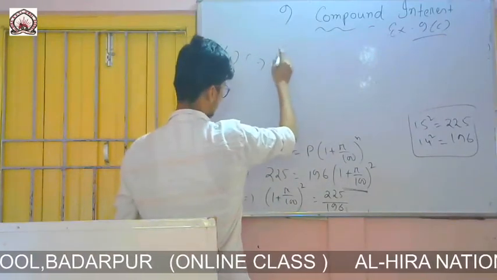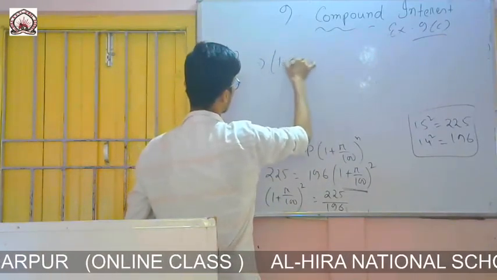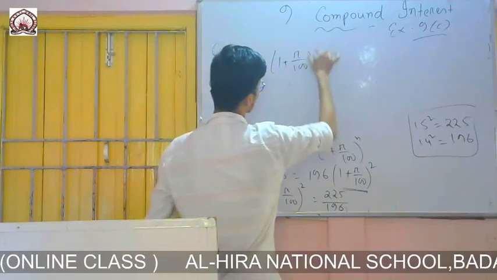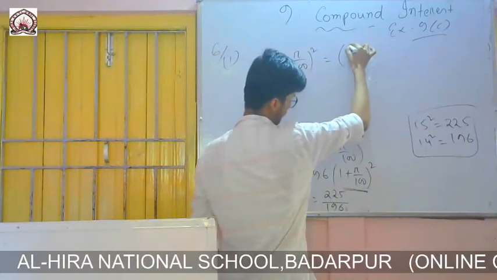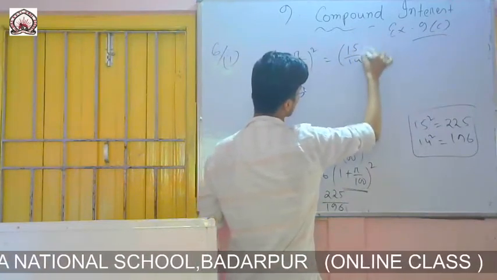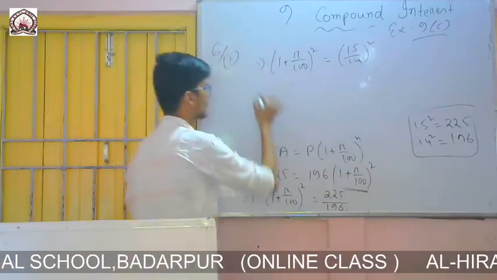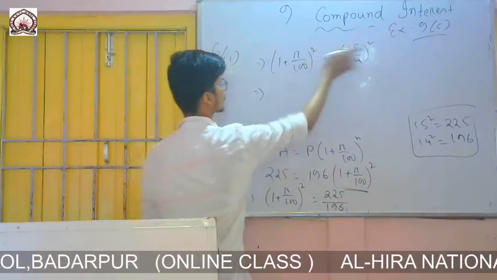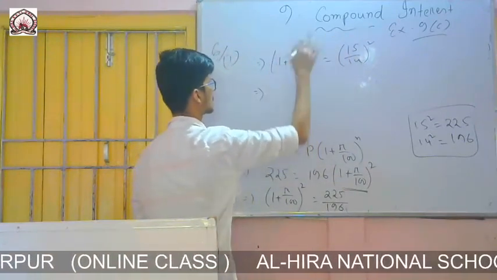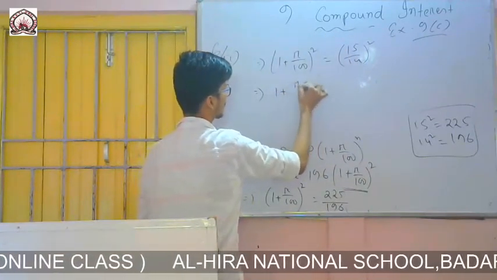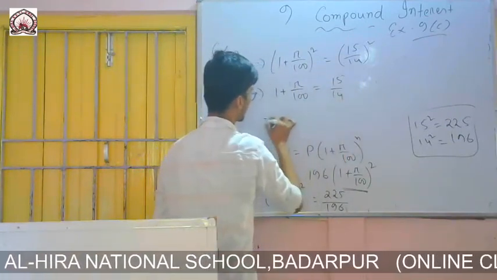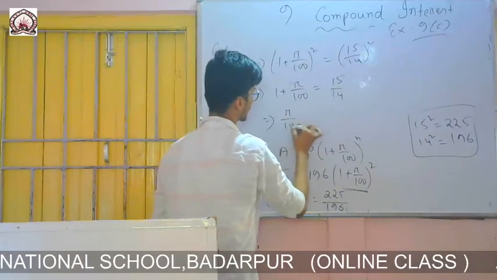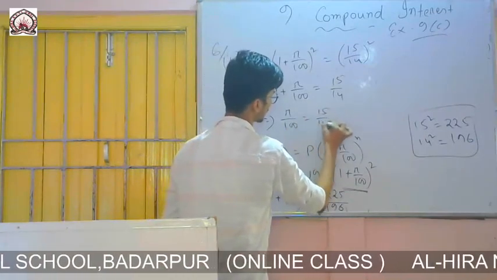So this implies 1 plus R by 100, whole thing square, equals 225 by 196, which I can write as 15 by 14 square. So square cancels, you just neglect it. 1 plus R by 100 equals 15 by 14, which I can write as R by 100 equals 15 by 14 minus 1.